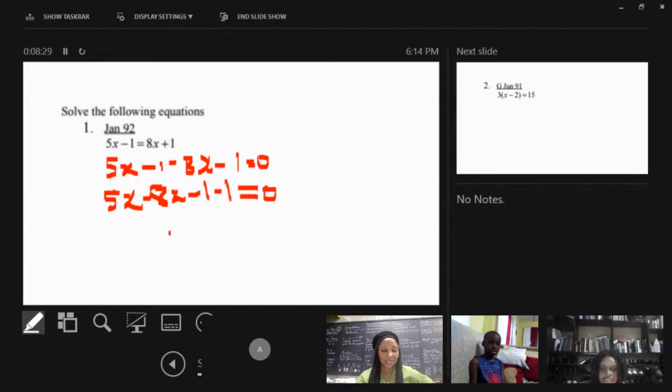Okay, miss. So it's going to be negative 3x minus 2, since negative 1 minus 1 is negative 2, equals 0. And we're going to add 3x to both sides to get a positive 3x. So negative 2 equals 3x.